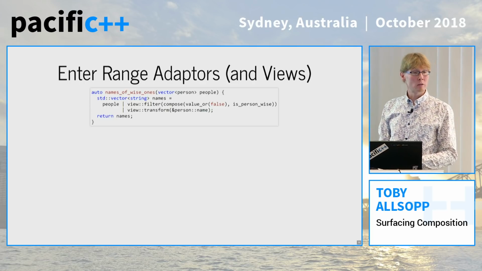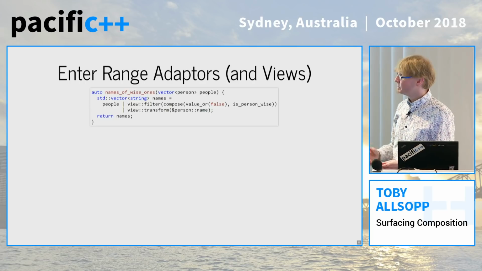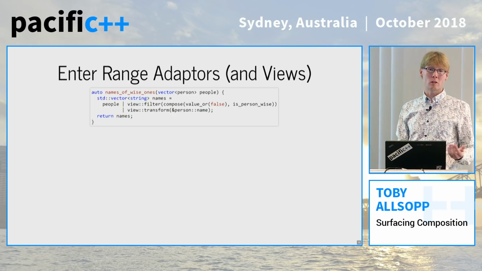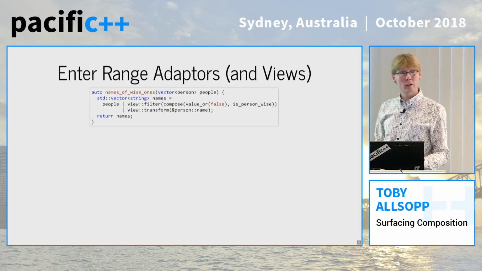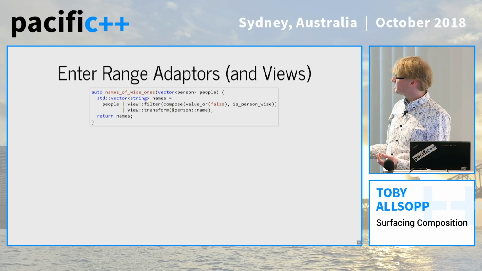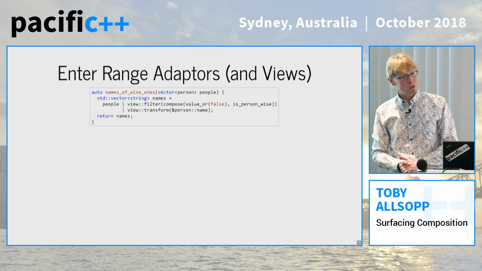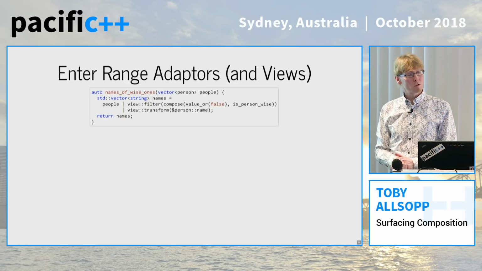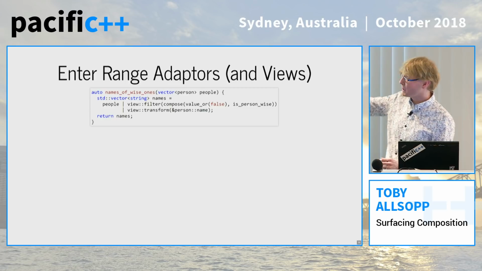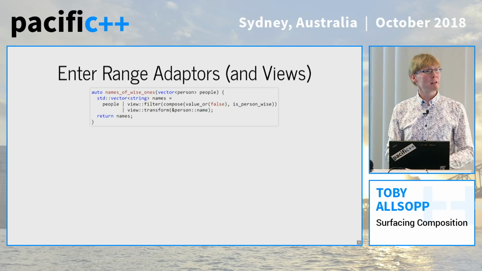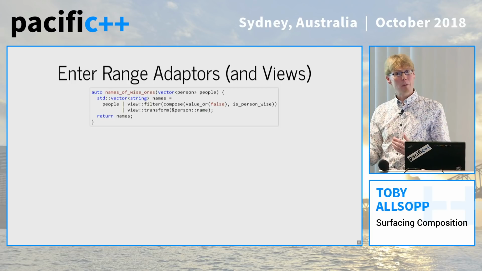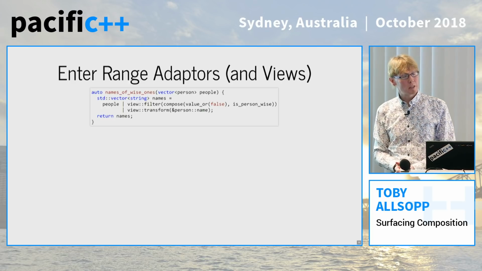When you ask for elements from it, by iterating over it, so a view is something that can be iterated. It's got a begin and an end, which give you iterators. As you iterate over it, it tests each element from the source range, which is people in this case, to see whether it satisfies the predicate. If it doesn't, then it skips on to the next one and keeps skipping until it finds one that does satisfy it.